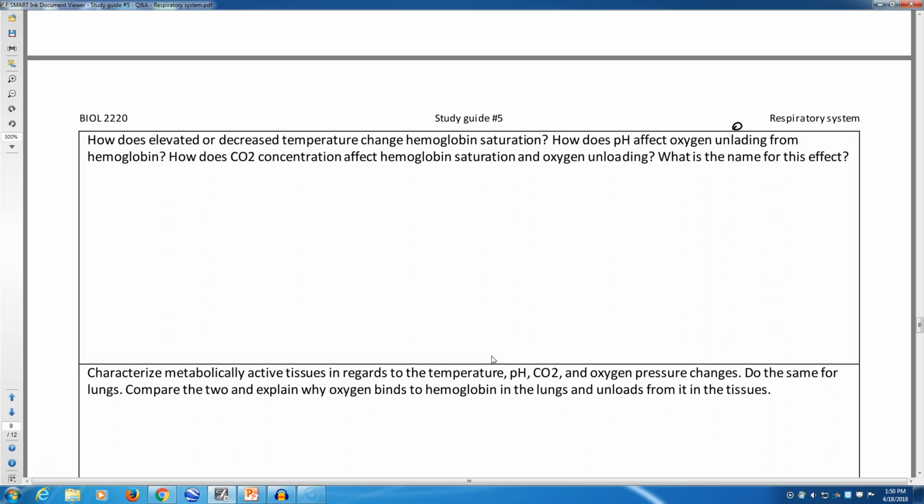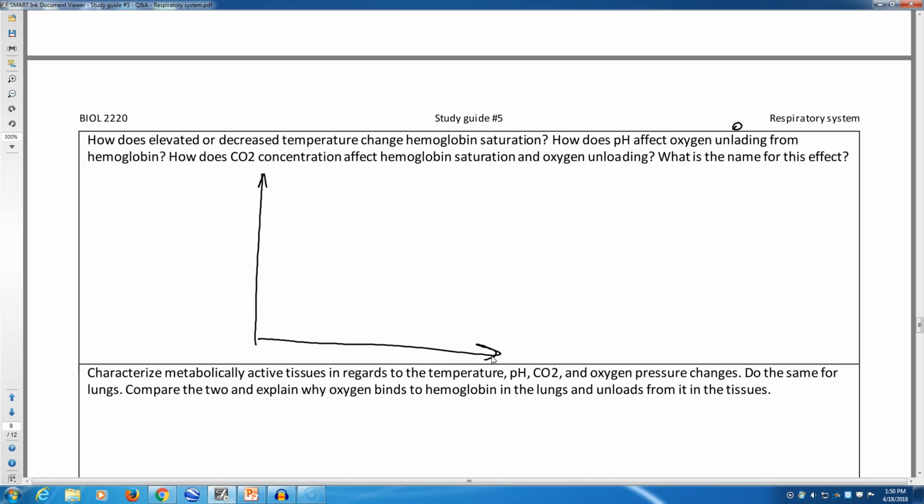Is it going to be shifted to the right or to the left? Think about this. If unloading is easier, then basically oxygen is looser. So hemoglobin saturation should be lower.